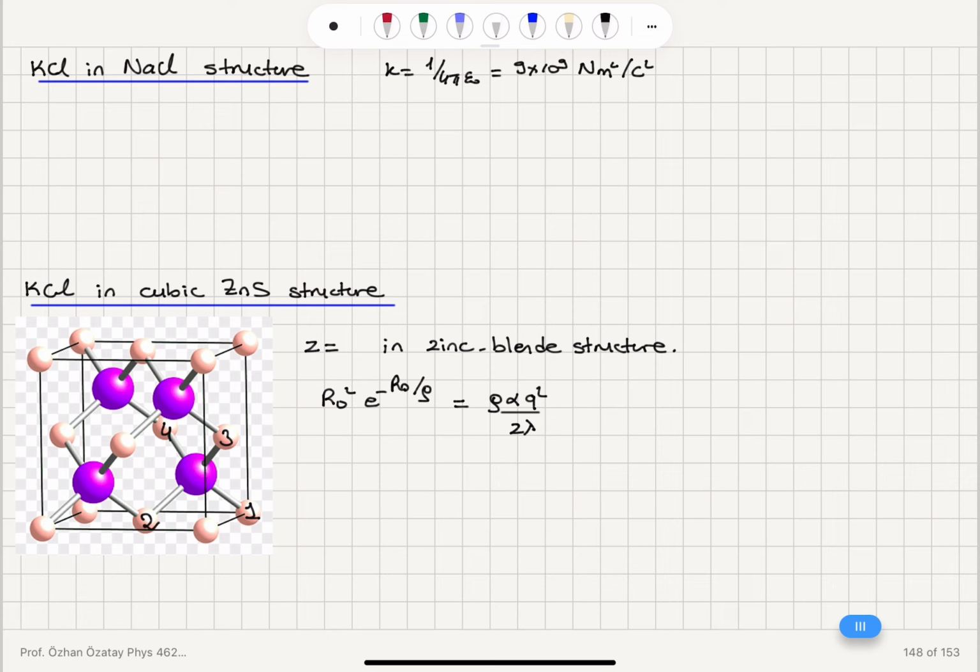Okay, so for potassium chloride in the sodium chloride structure, we're going to use the SI equation, so we need K, Coulomb's constant, 1 over 4 pi epsilon 0, which is 9 times 10 to 9 Newton meters squared over Coulomb squared.